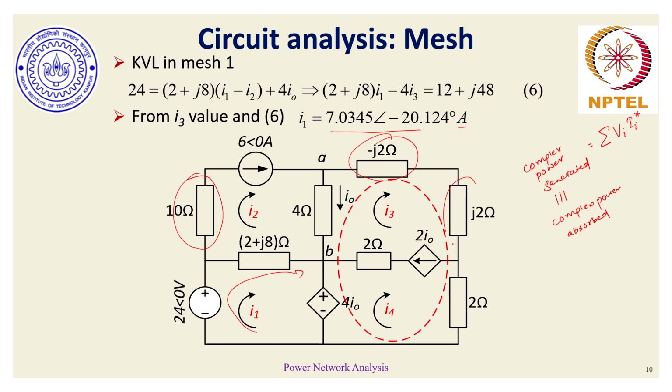All these elements, if we find their corresponding complex power combination, because now we have an AC circuit, all these 6 elements, their complex power absorbed together should match the complex power generated by the sources of 24 volt, 6 ampere, the current dependent voltage source and the current dependent current source. So please do ensure this, the way we did it for nodal analysis.